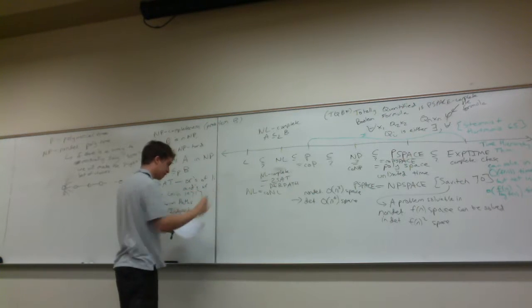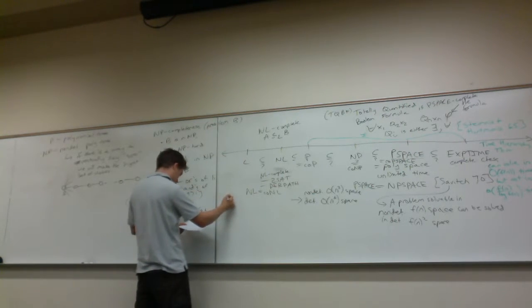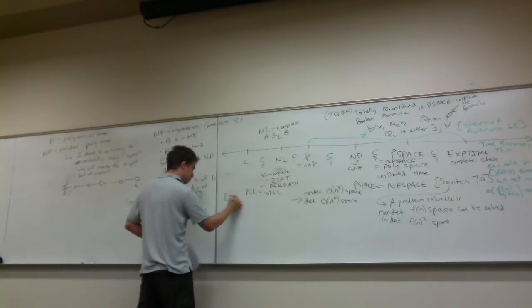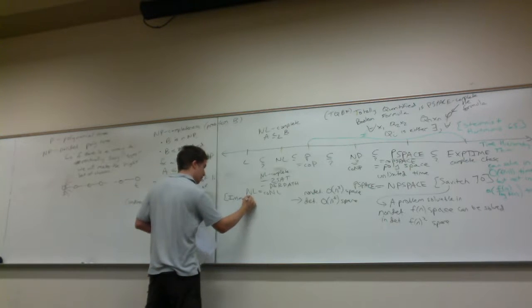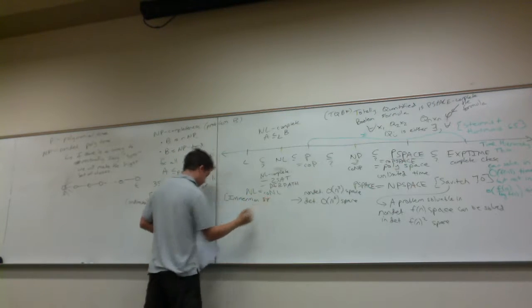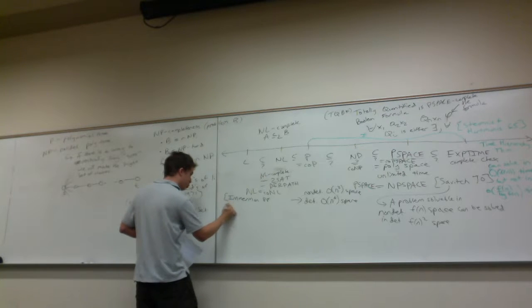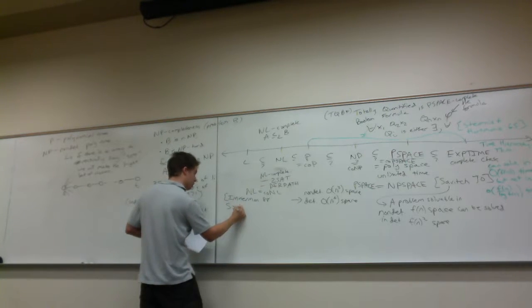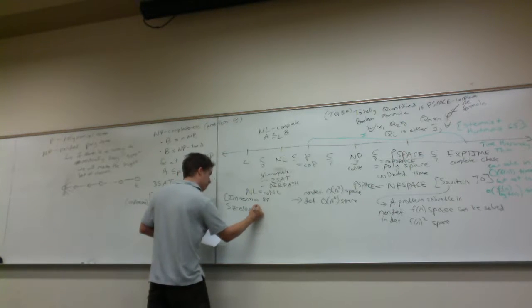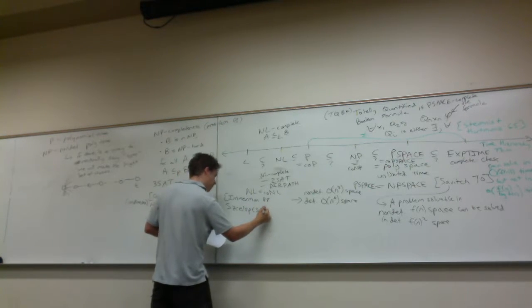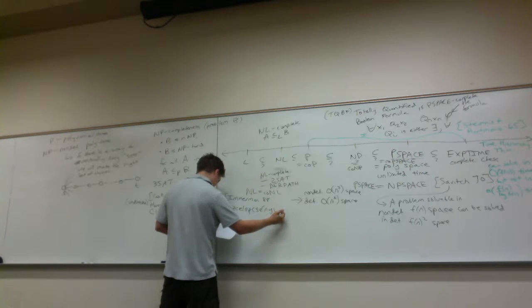And this result is due to, and please forgive me for the names because I cannot pronounce them, Immerman in 88, and, I'm not even going to try this one, in 87.